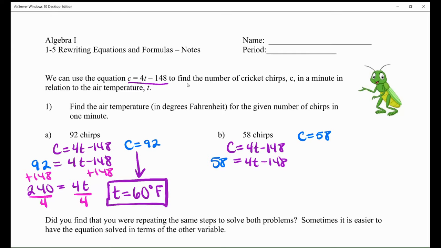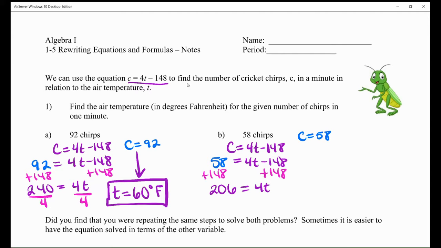So we're subtracting 148 from the t term, so we want to add 148 to both sides. 58 plus 148 is 206, and that equals 4 times t.